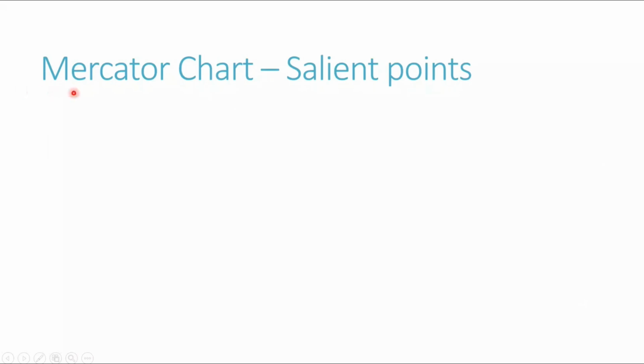Now, before we go into the actual procedure of plotting, let us refresh some features of Mercator charts so that we are clear about how to make a small portion of this chart on our answer sheet. Now, on a Mercator chart, all the meridians are parallel, and 1 nautical mile is equal to 1 minute of latitude.